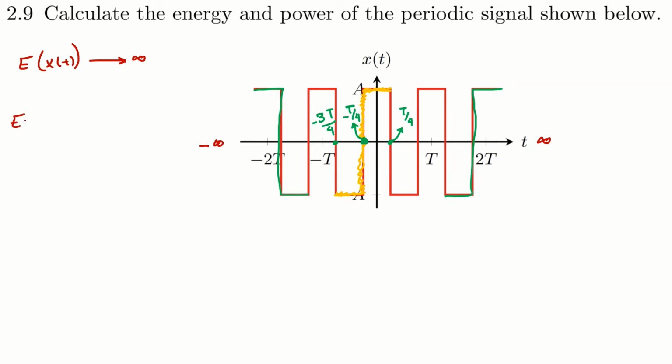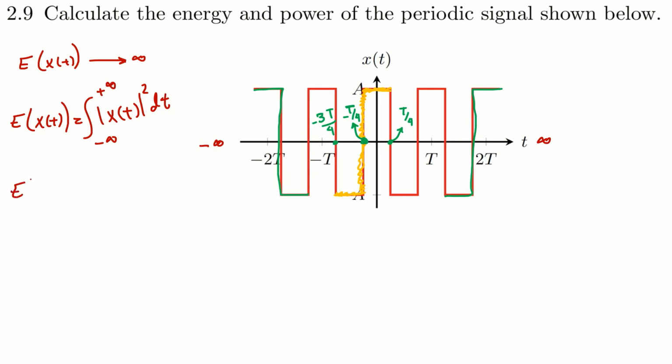We know this is the equation for calculating the energy of the signal. We calculate the integral of the absolute value of x(t) squared dt from minus infinity to infinity. But I want to calculate the energy of the signal in one period.